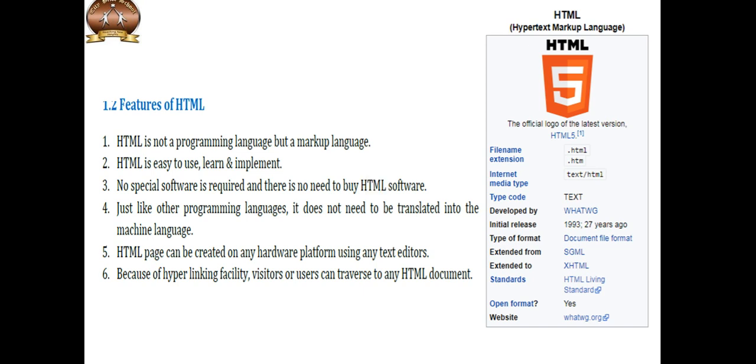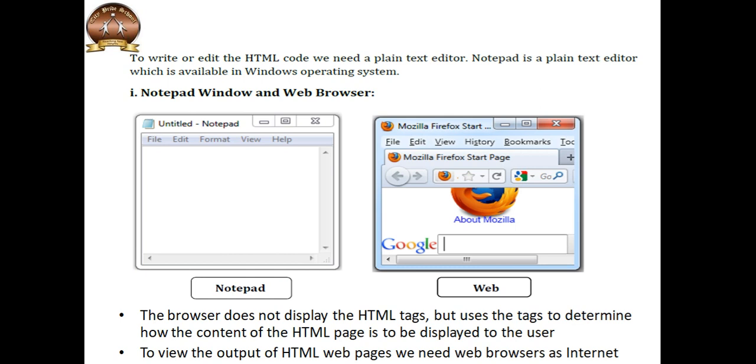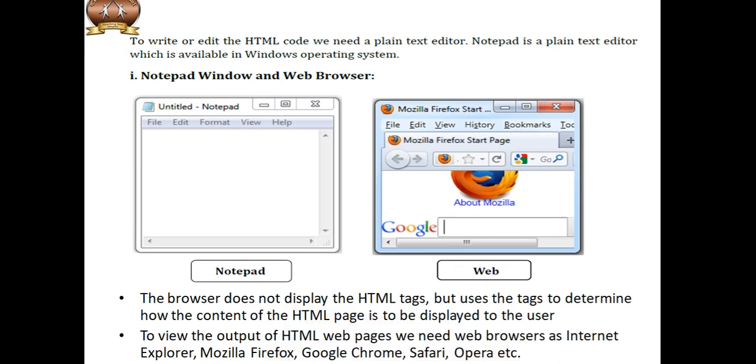So, as I have told you, what are the requirements for making an HTML file? You can see here Notepad and a web browser. These two things help us to make an HTML page which tells the browser how to display the content to the user.